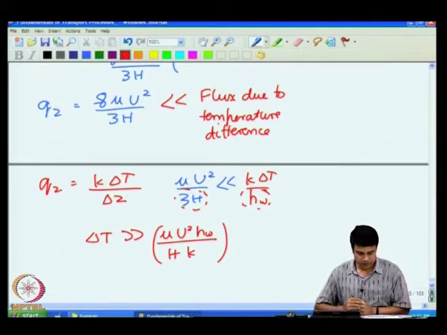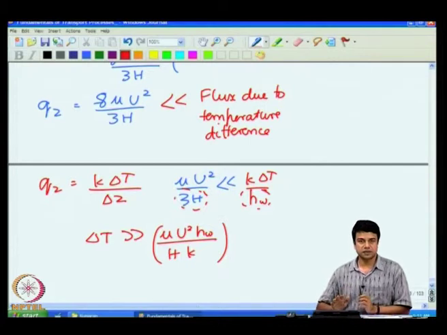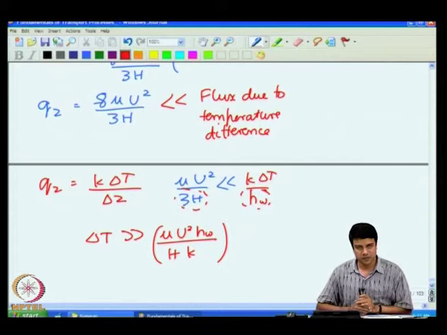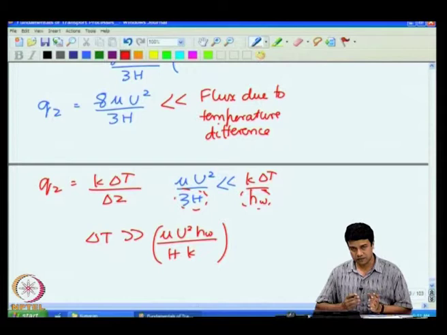And it is only in that case that the assumption that the heat energy is separate from mechanical energy is a valid one. That depends on this Brinkman number that I have. If I assume that delta T is of the same magnitude as T w, then the Brinkman number gives me the ratio of viscous heating and the heat generated due to temperature differences.